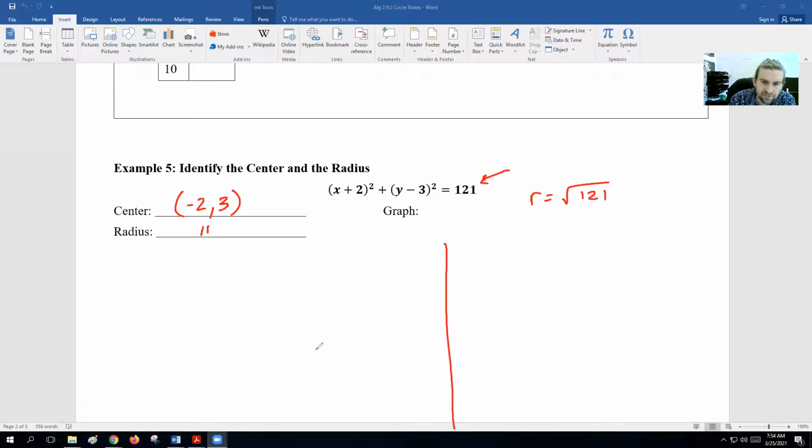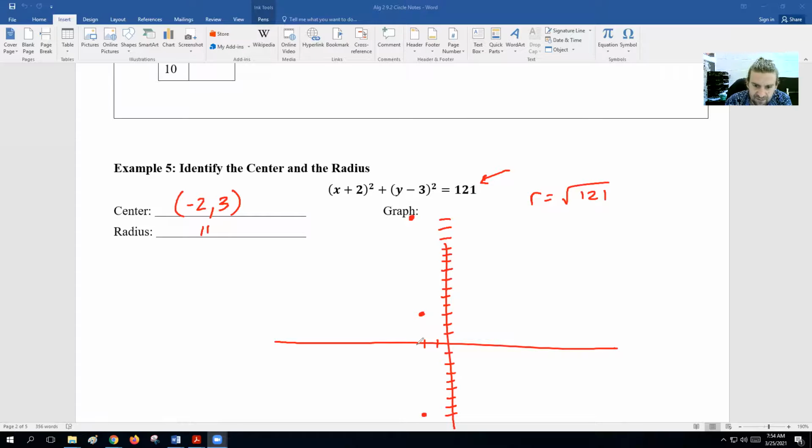So if we were going to graph that, we would find the point (-2, 3). There's -2, up 3. Then we go up 11: 1, 2, 3, 4, 5, 6, 7, 8, 9, 10, 11.